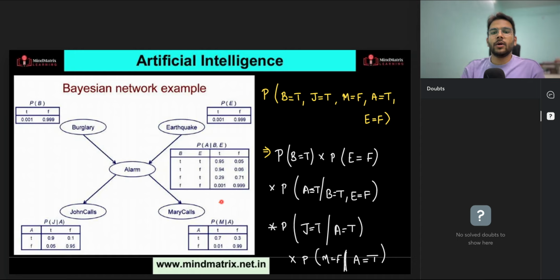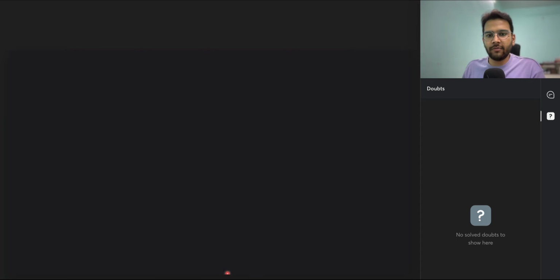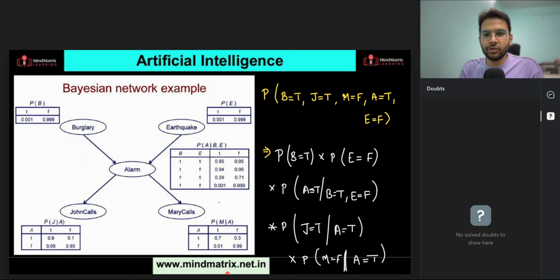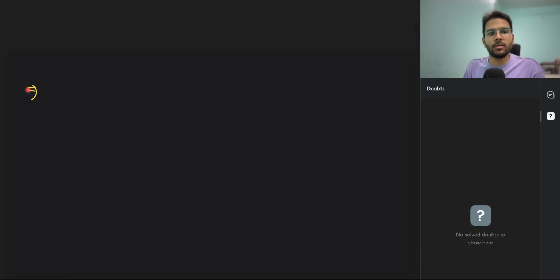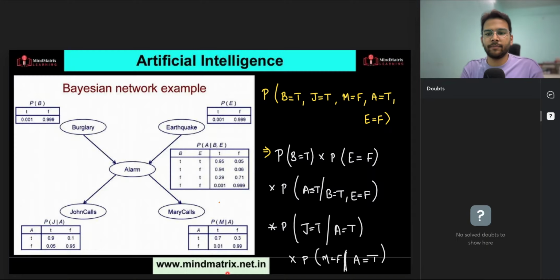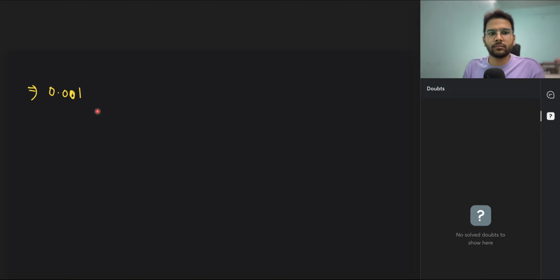Okay. So now you just need to substitute the values here. Probability of B true, burglary has happened, that is 0.001, as you can see here. Probability of earthquake has not happened, that is 0.999.